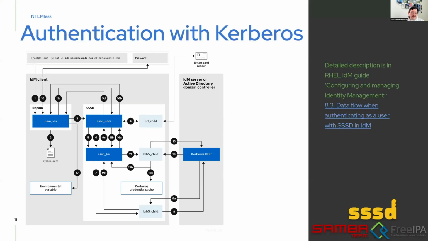So typically, this is what you see with Kerberos. There's a lot of activity happening, and effectively, this shows how SSSD handles this, but it's about the same with Samba. If you replace this block with smbd and other components, you get pretty much the same kind of operations, and this can be a Kerberos KDC running anywhere.